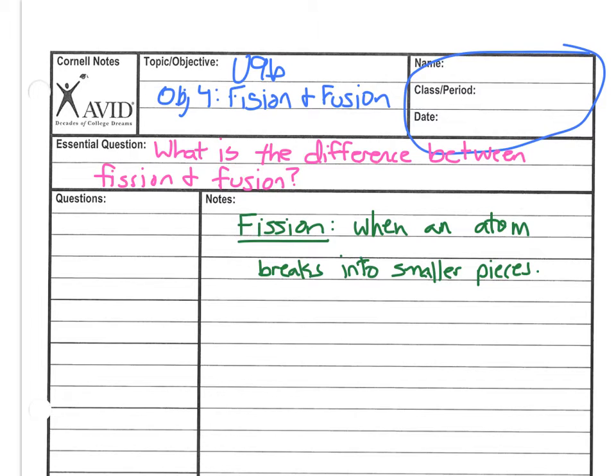Fission is kind of like decomposition. What you have is a big piece breaking into smaller pieces. Maybe they're the same piece, but they're usually not the same piece, and sometimes other little tiny pieces also come off too. But the point is we have a big piece and now we have a small piece. So that's fission.